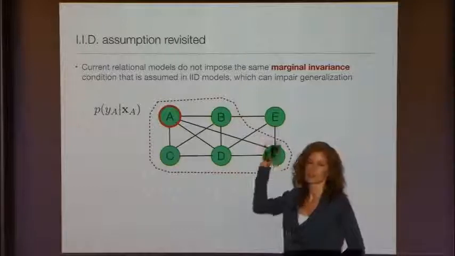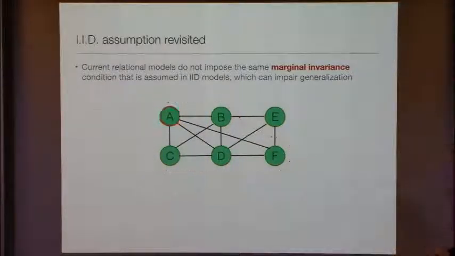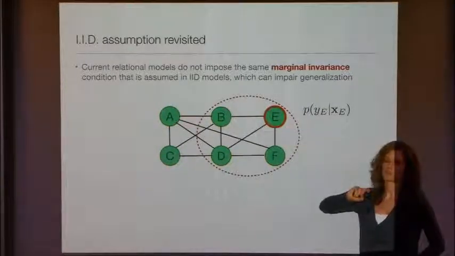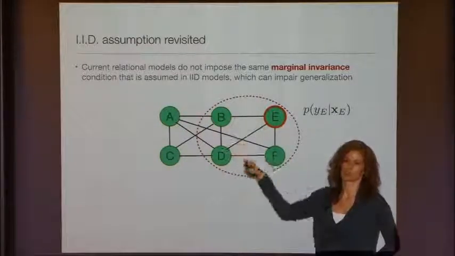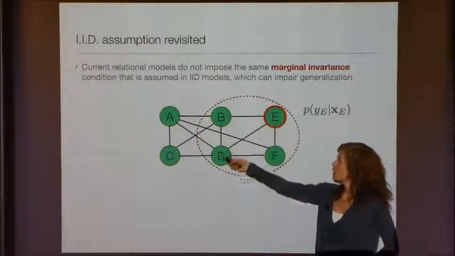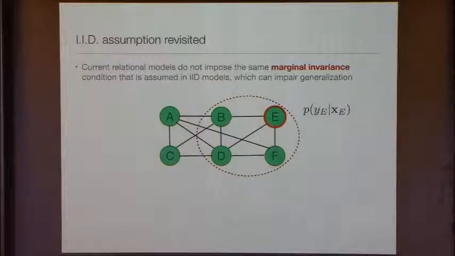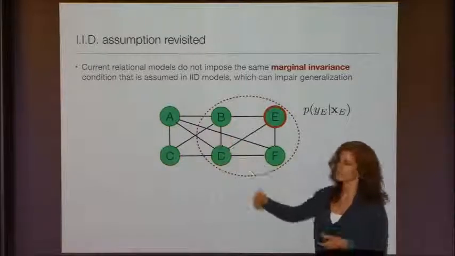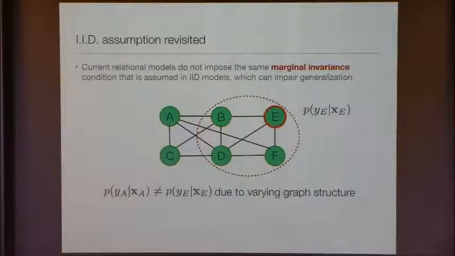And although there's nothing there, we'll marginalize over the fact that we don't know anything in that neighborhood. And so that actually won't be the same prediction if we do the same activity for this node E right here, right? Because although we still don't know anything about the people in his neighborhood, we know nothing about fewer people. If that makes sense, right? So because this node has only 3 neighbors here, it's different than this node over here, which has 4 neighbors, okay? And so we can't say that these are marginally invariant.